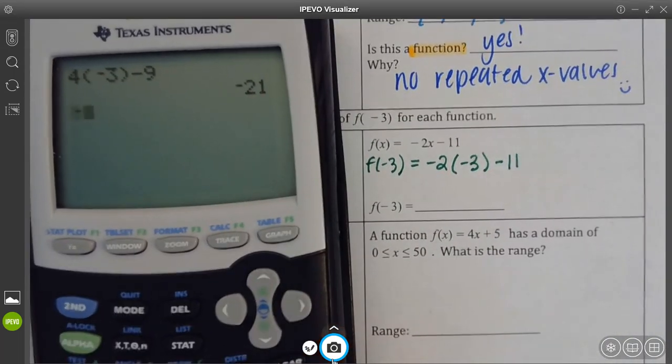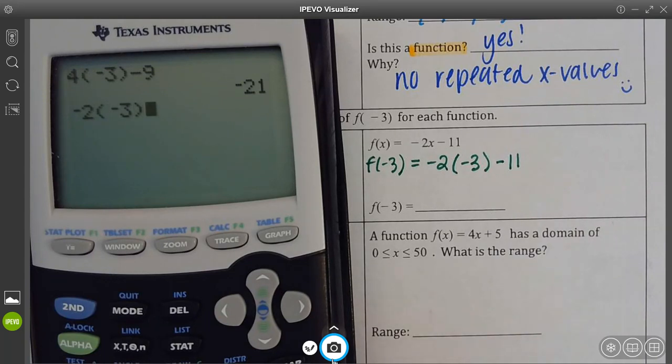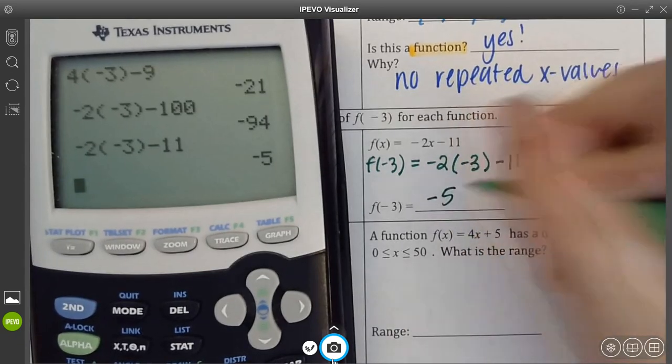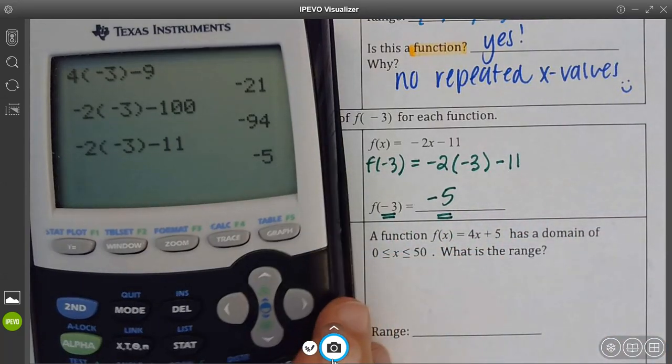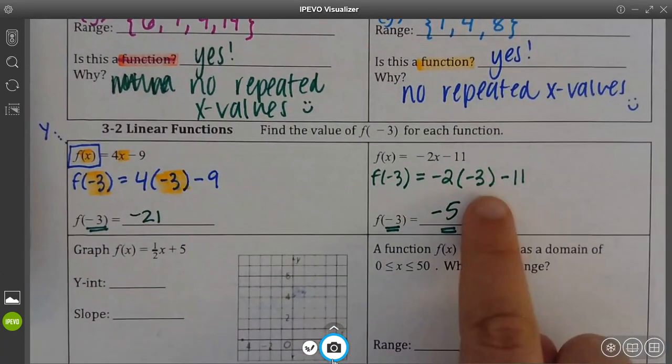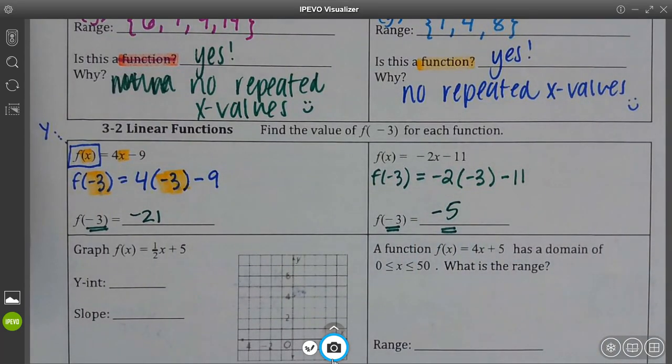I've got -2 times -3 minus 11 equals -5. So my input was -3. My output was -5 because we had a different equation this time. We had different numbers we were dealing with. So that's function notation, and we'll see that kind of throughout the rest of Algebra 1.